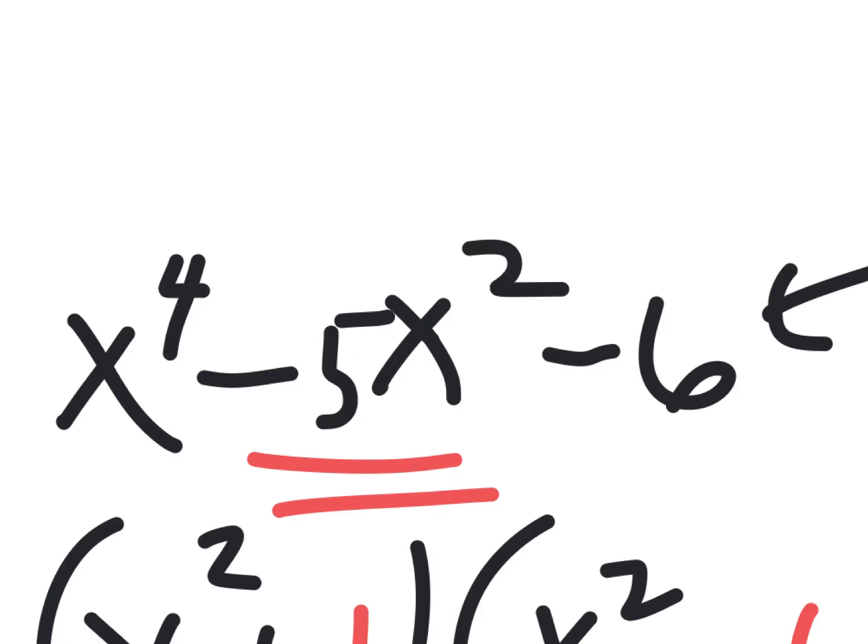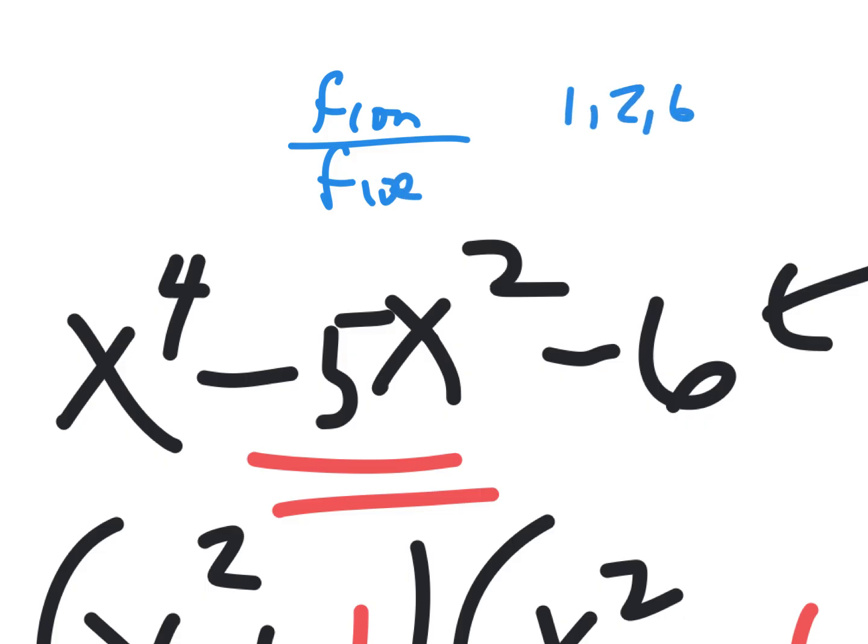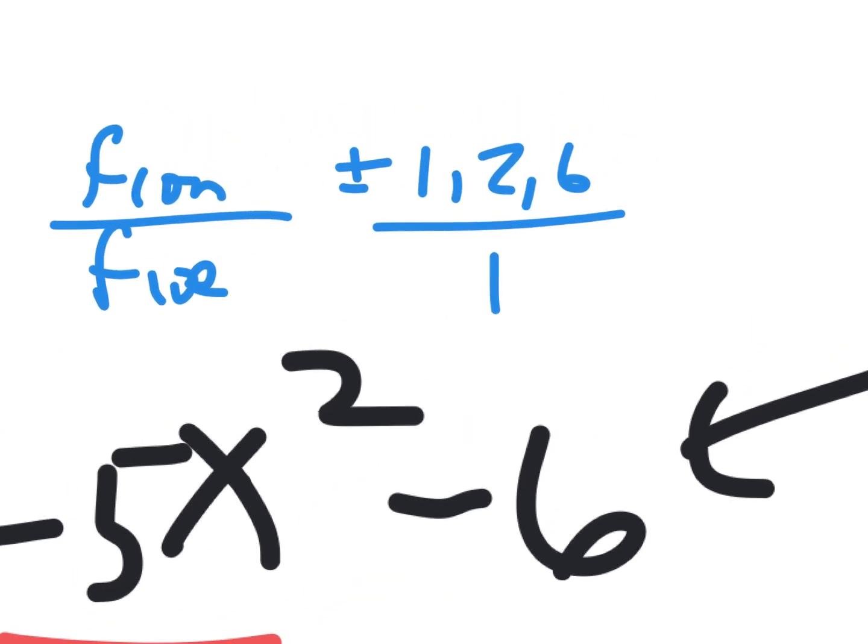Not the actual roots, the possible roots. Did you remember F count over F code? Factors of the constant. 1 and 2 and 6, plus and minus all that. And factors of the coefficient is just 1. So then it's just these. Dividing by 1 doesn't change them, right?